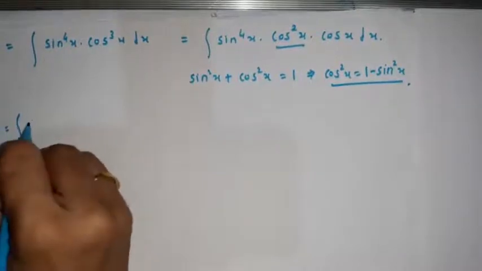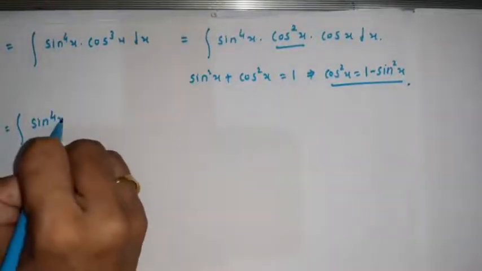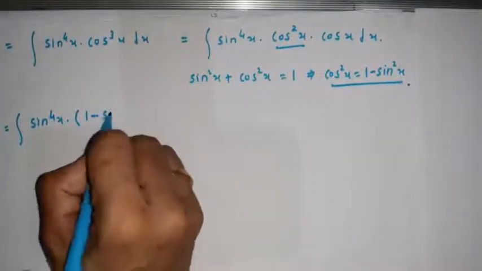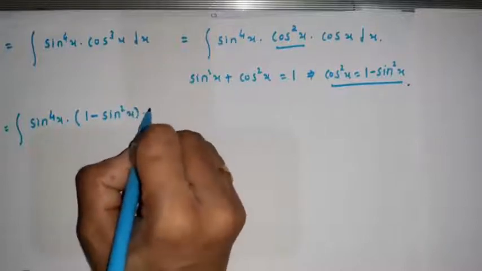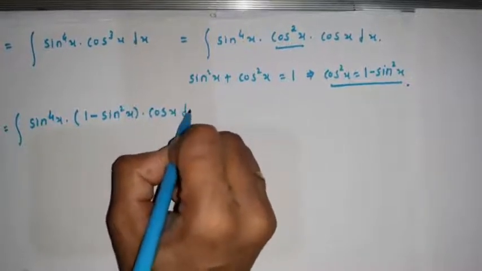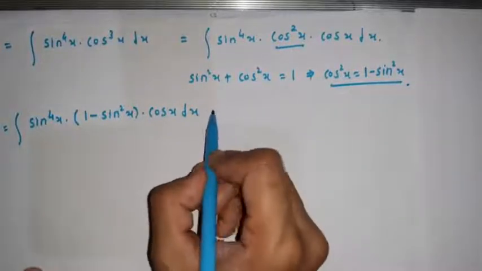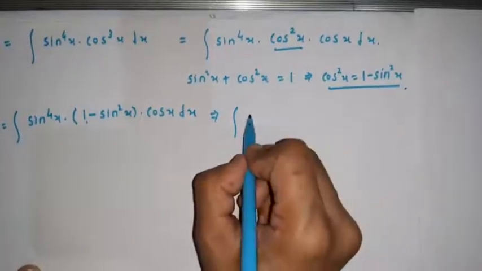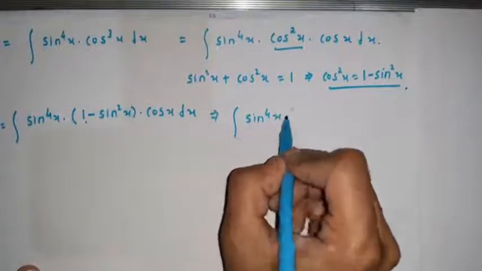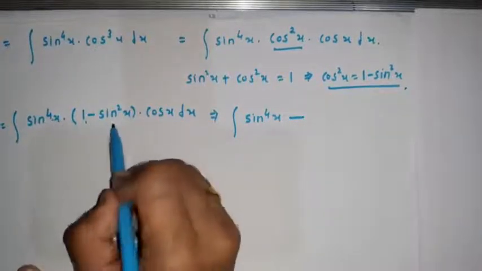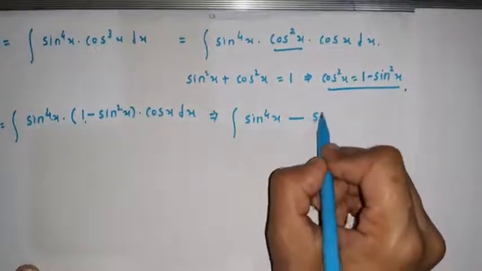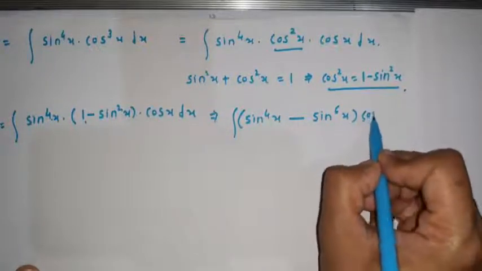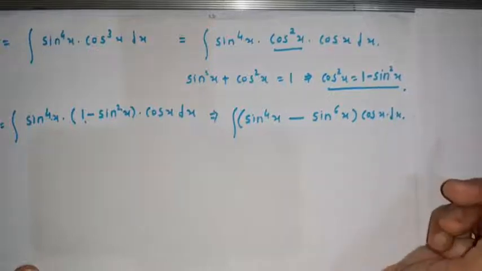The problem is sine raised to 4x cos square, we can write in terms of sine, that is 1 minus sine square x, and this cos x dx as it is. Now solve the bracket. This will be integration of sine raised to 4x into 1 is sine raised to 4x, minus sine raised to 4x into sine raised to 2x, that is sine raised to 6x, and into cos of x as it is with respect to x.